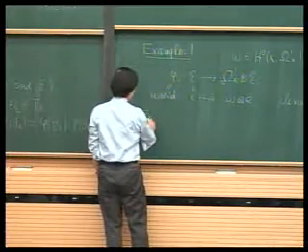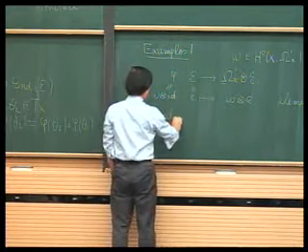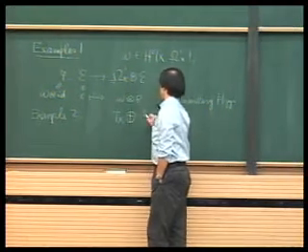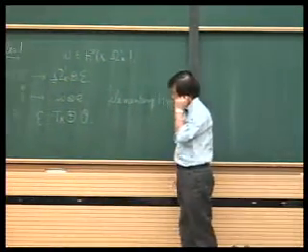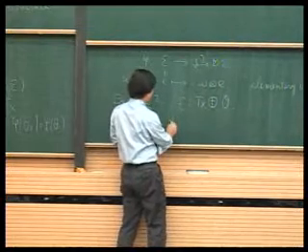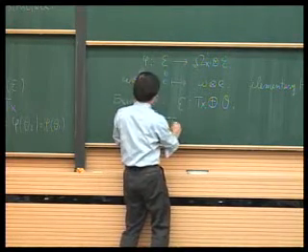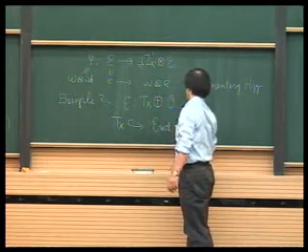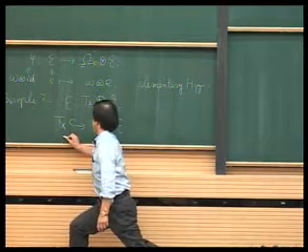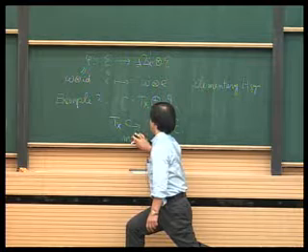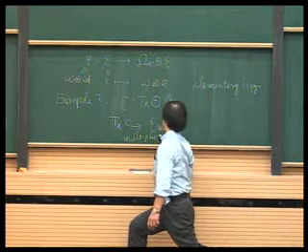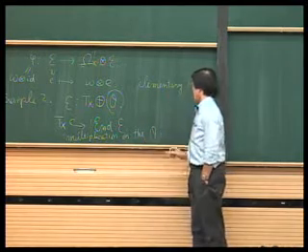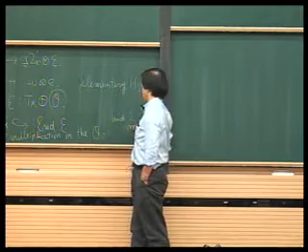And example 2 is this. Let's consider this E, and take the endomorphism of E, which is defined by the multiplication on the component O and 0 on Tx.